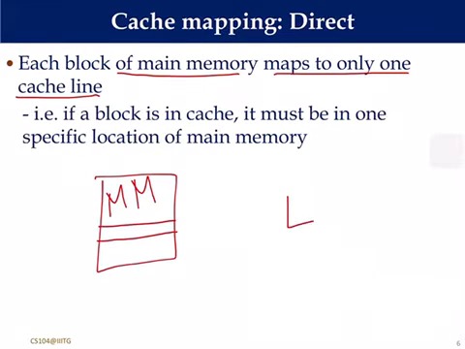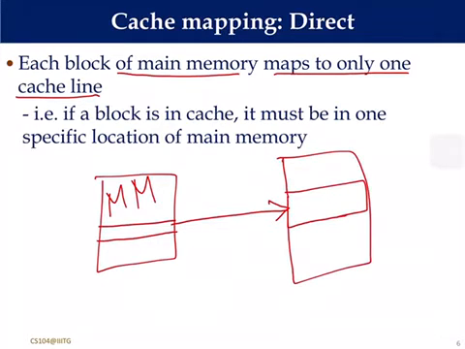This particular block can go to only one particular block in cache. This mapping is fixed. There will be a dedicated block in cache for every block in main memory. Now the question comes, the size of main memory will be huge.